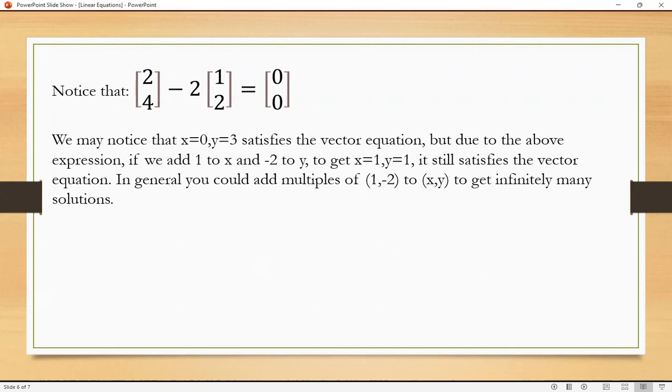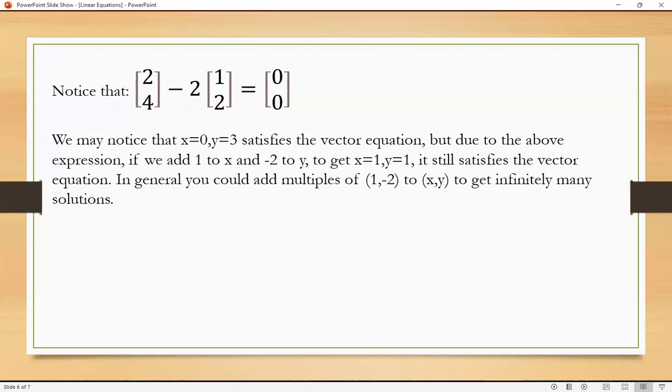Now we will add this vector equation 2, 4 minus 2 times the vector 1, 2 equals 0, 0 to our original equation, which is x times the vector 2, 4 plus y times the vector 1, 2 equals 3, 6. If we do that, we will get x plus 1 times the vector 2, 4 plus y minus 2 times the vector 1, 2 actually equals the vector 3, 6.